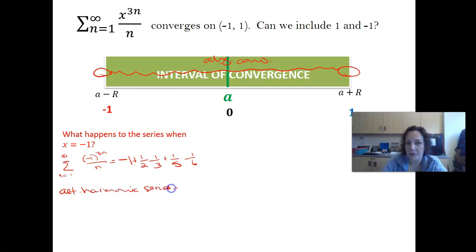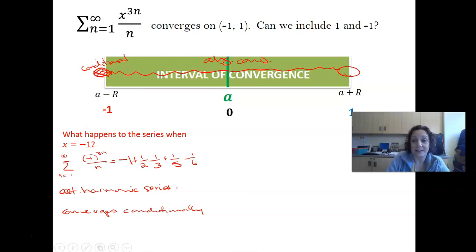Well, we know something about the alternating harmonic series, right? This series converges, but it only converges conditionally. If I take its absolute value, I don't have convergence. Okay? So what's happening at -1? It's converging conditionally. I'm going to color this in, but I'm only going to do like a half, because it's conditional.